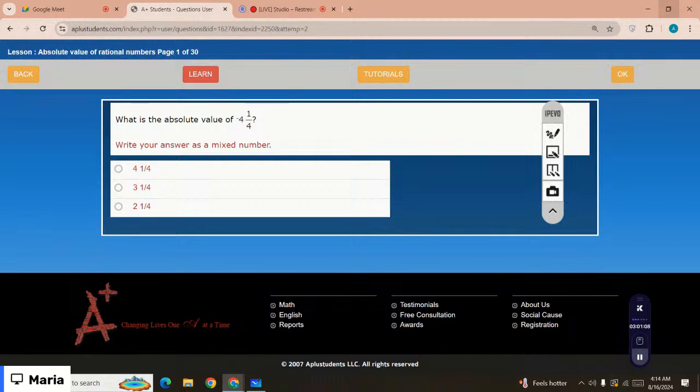Yes, negative 4 whole 1 by 4, that is a negative number, right? Absolute values are always the positive value, so the absolute value is 4 whole 1 over 4. Option number 1 is the correct option.